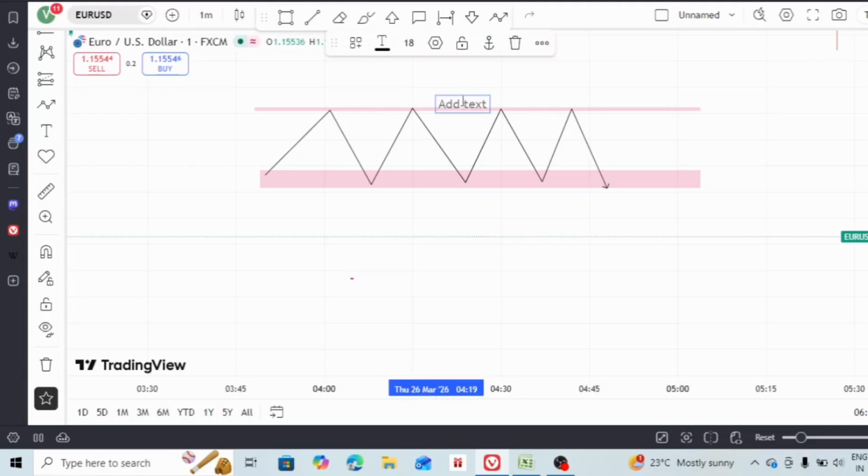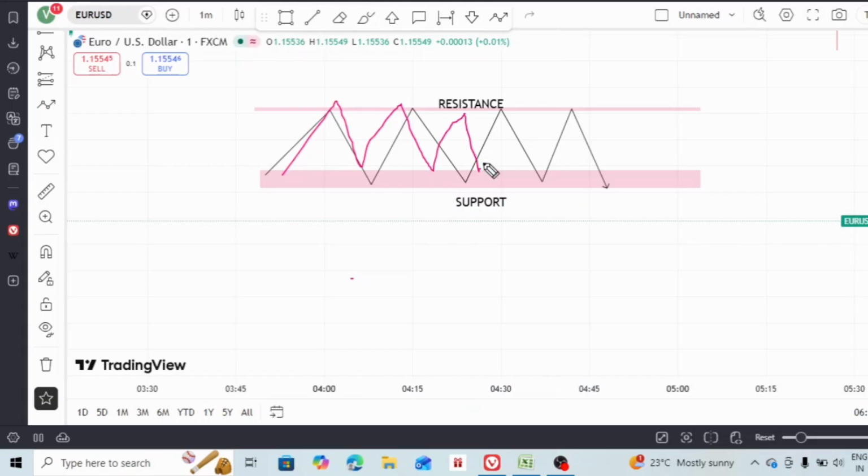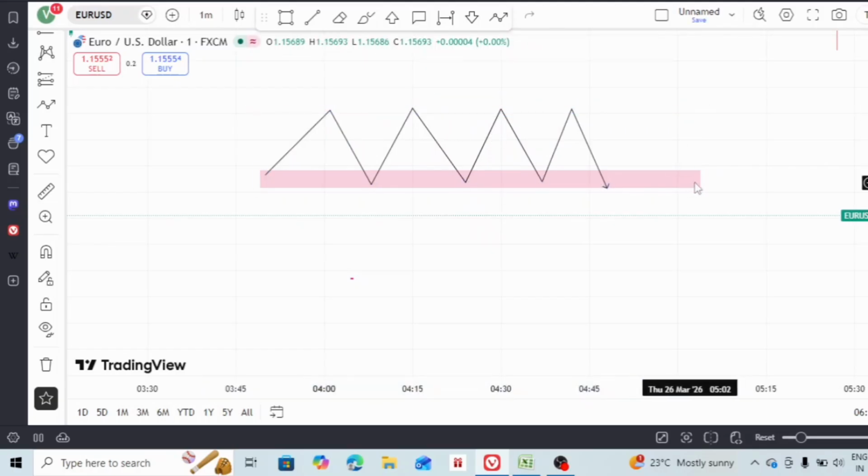This is our resistance, and this is the support. So the price just moving between the support and resistance is called a ranging market. So this is a ranging market.